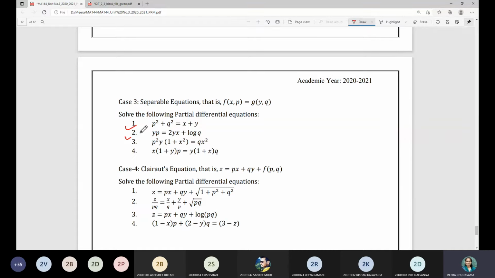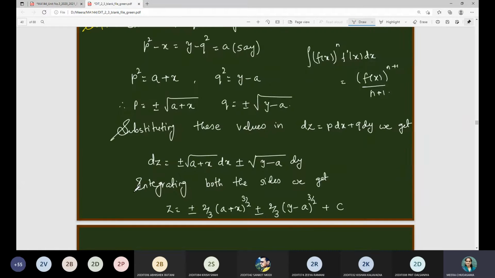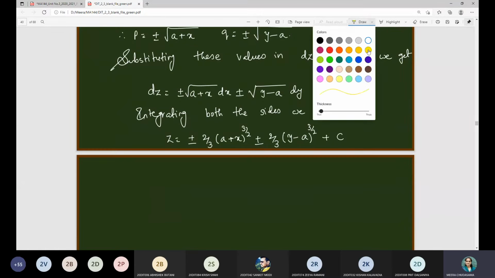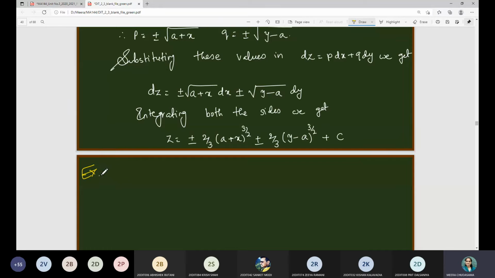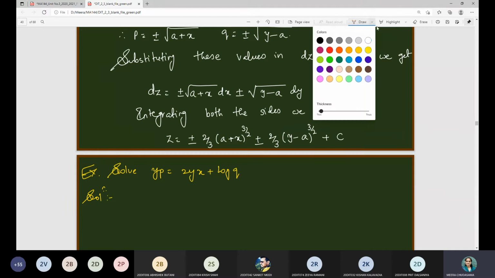yp is equal to 2yx plus log q. P और Q की वैल्यूज मिलती है तो प्लीज वेरीफाई करवाइए.